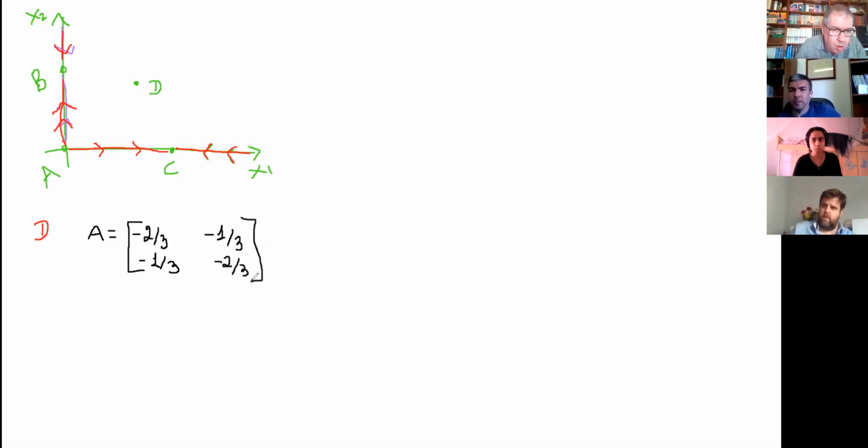Then I computed the eigenvalues. So the determinant of A minus lambda I equal to 0.